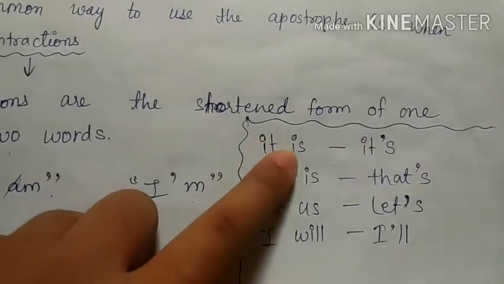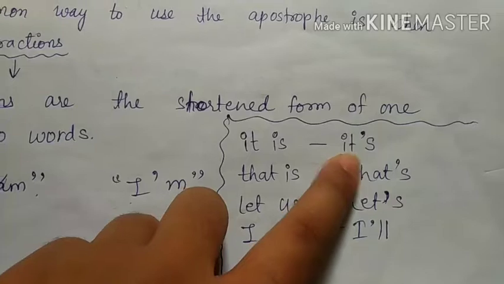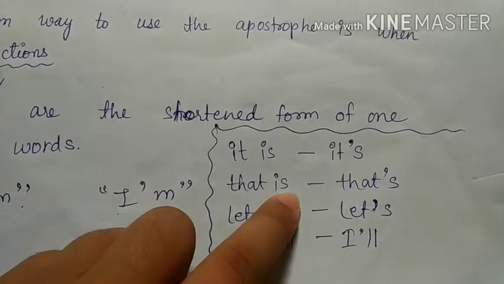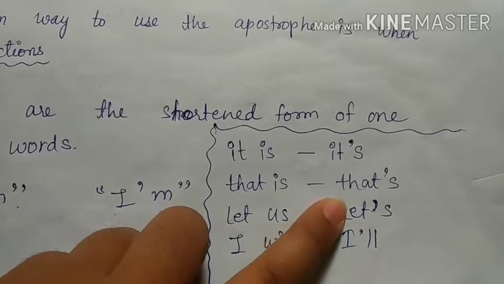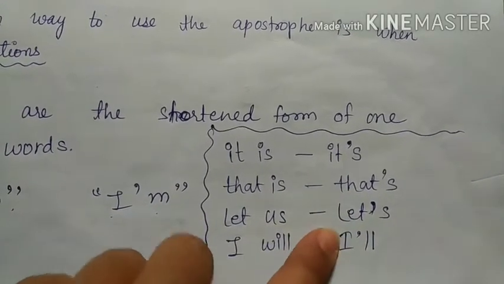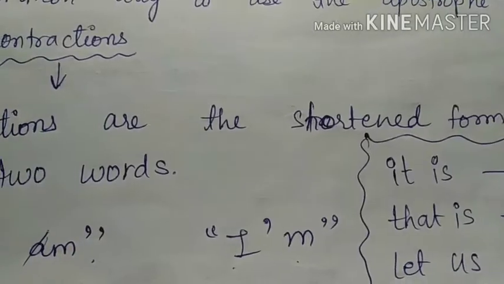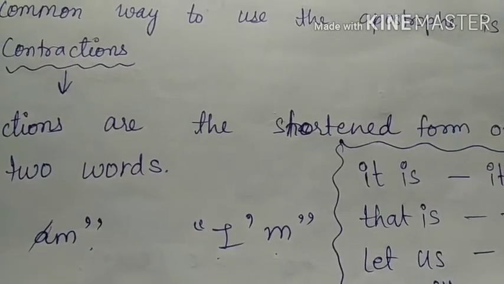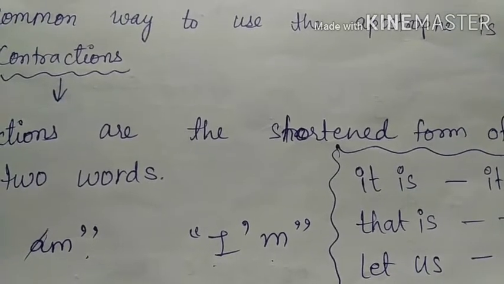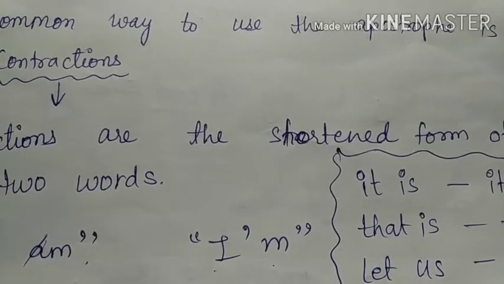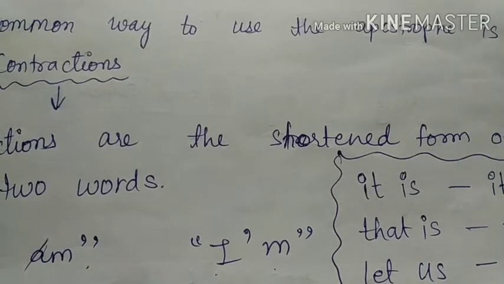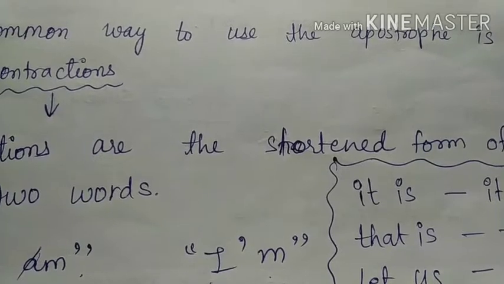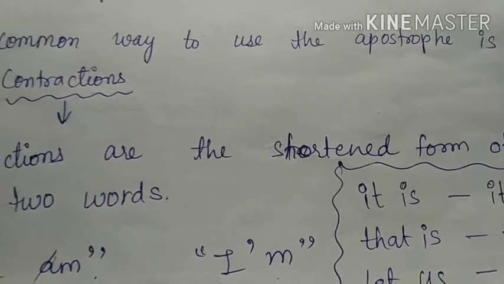Likewise, it is. So I made it it's with the help of apostrophe. Then that is, I made it that's. Then let us, I made it let's. So we can say that apostrophe is used to indicate omission of letters to form contractions or shortened words, and the apostrophe is used to show position.